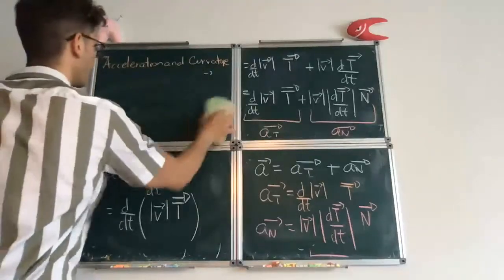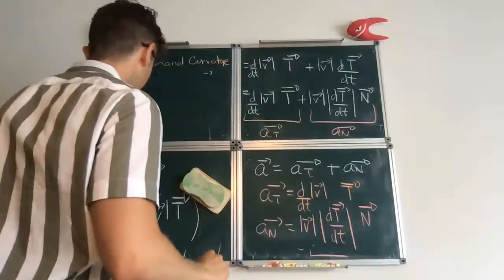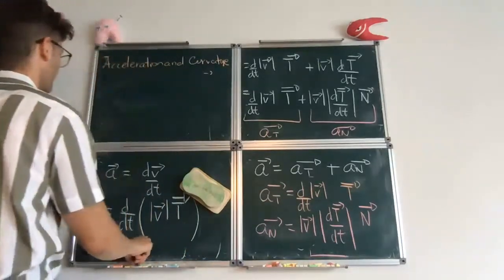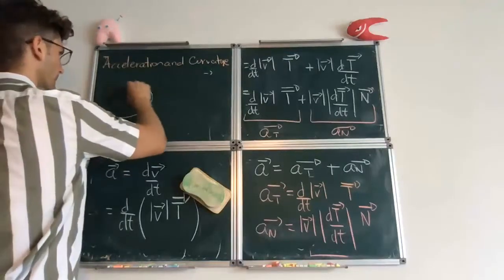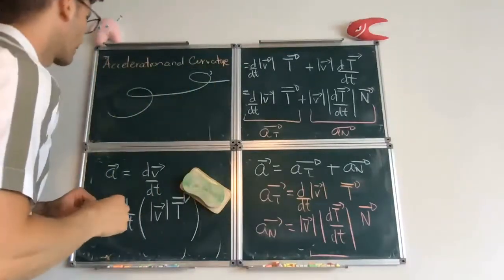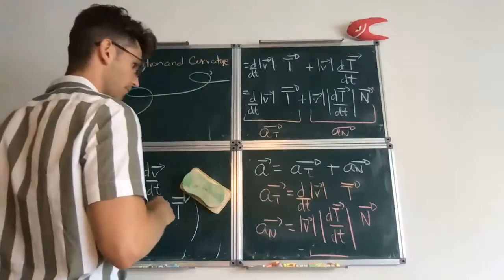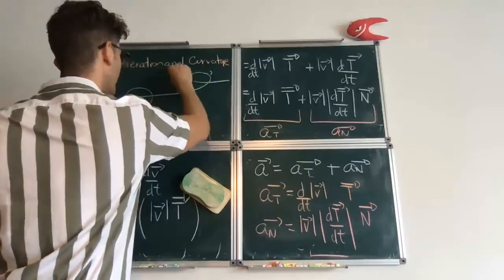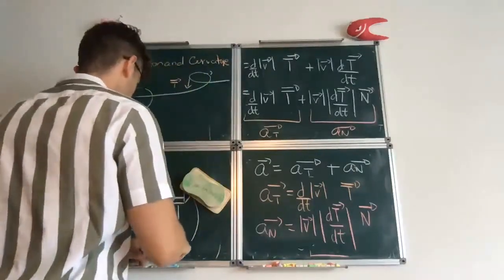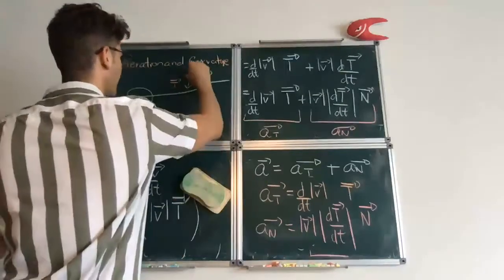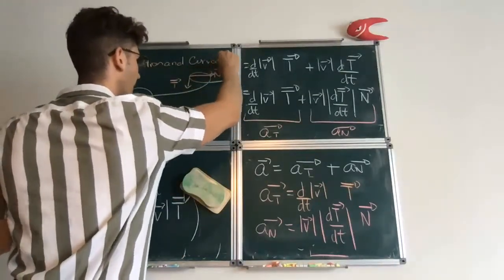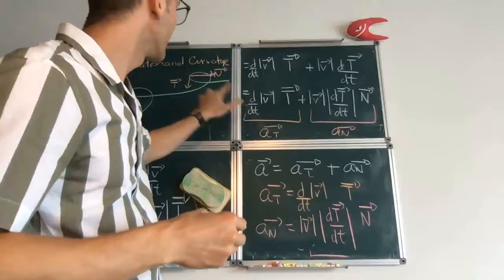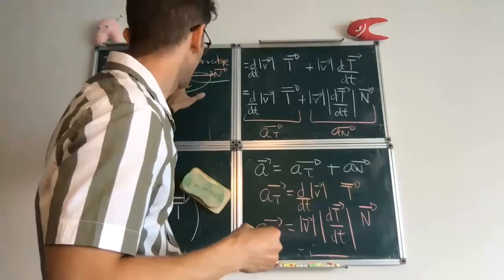And so, maybe to make a picture, maybe you have here the curve. The tangent vector is here. The normal vector is here. And then the acceleration is basically a sum of some rescaled versions of the tangent and normal vectors.